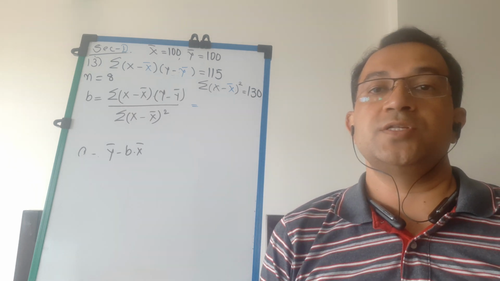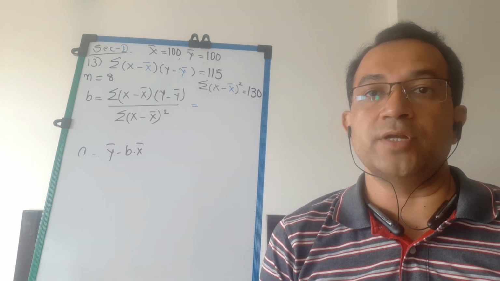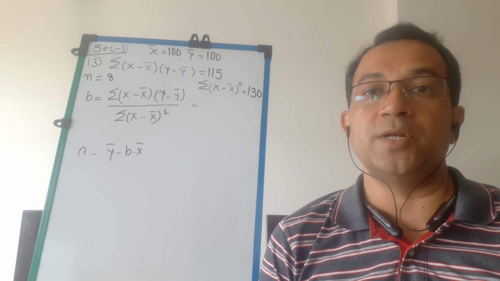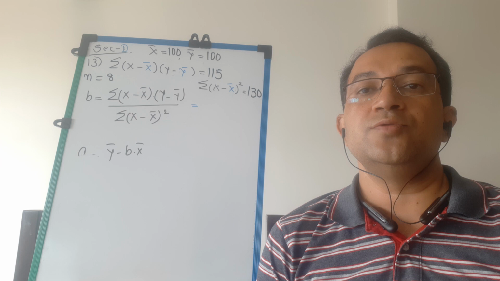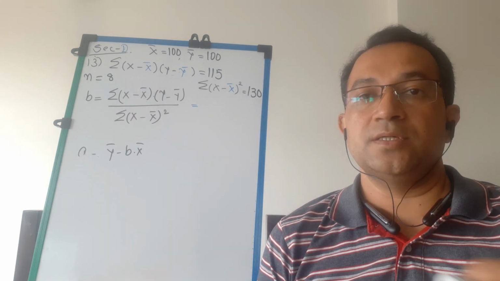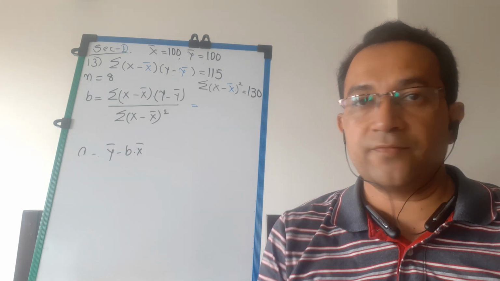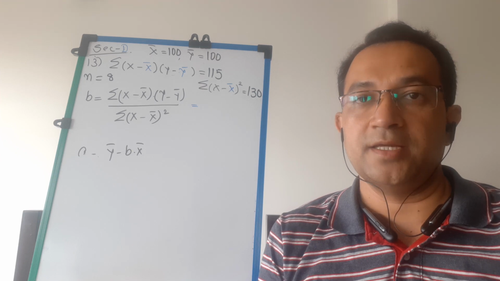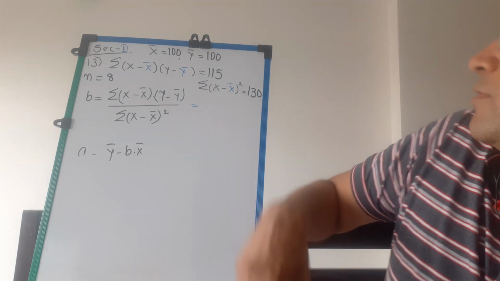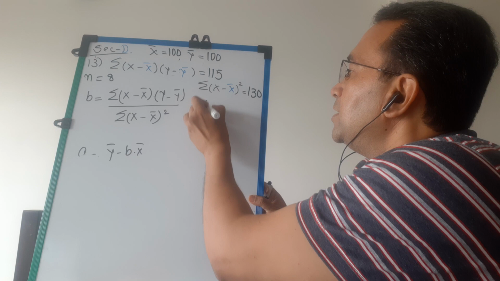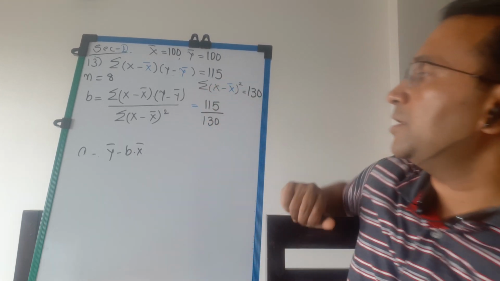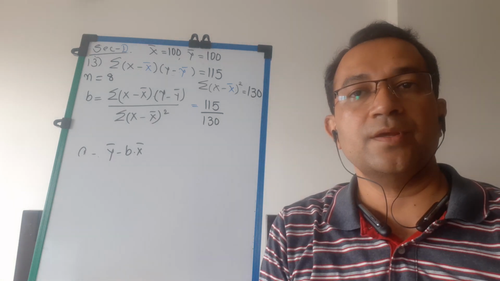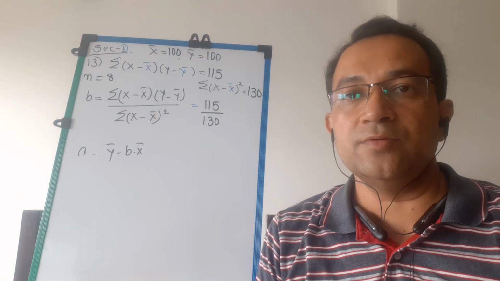So again, in the sum we start with the regression line of y on x is y cap is equal to a plus bx. Substituting the values of means, the values given in the data, after writing the formulas of b and a, this is common. Now here we will get 115 upon 130. Now this much I can leave as assignment.